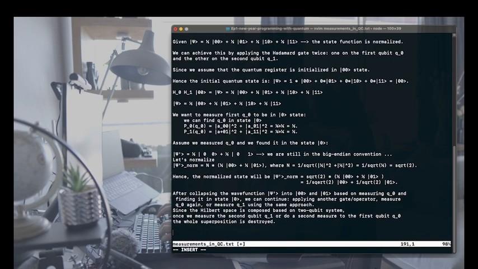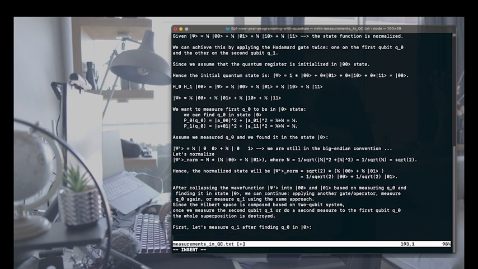Now let's follow a different approach. Let's measure the second qubit Q1 after finding qubit 0 in state 0, and we go with this particular scenario. So if we look at qubit Q1, we can have two possibilities.